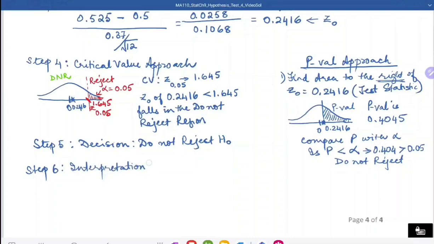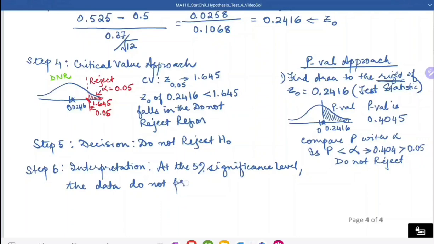So we are going to say that at the 5% significance level, now because we did not reject, we have to say the data do not provide sufficient evidence to conclude.